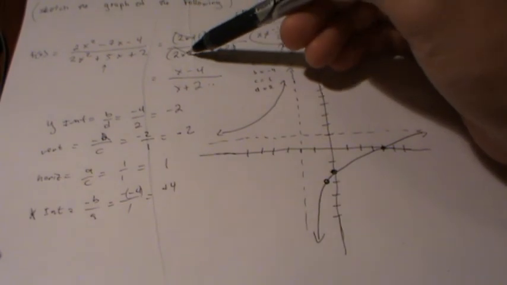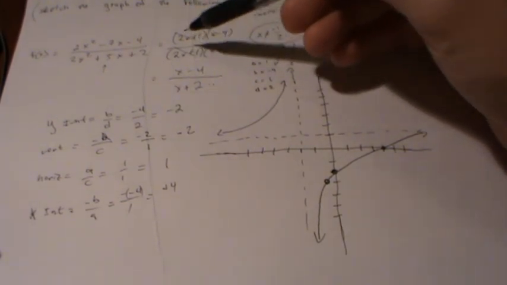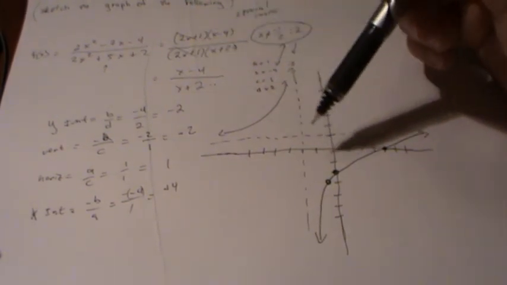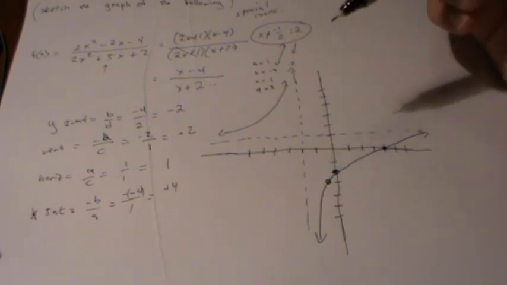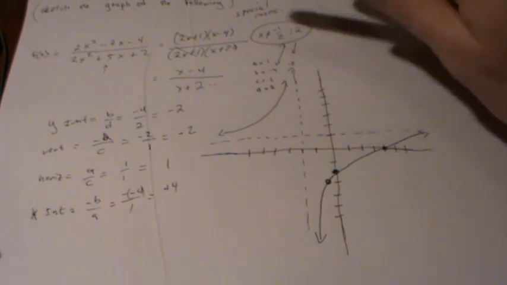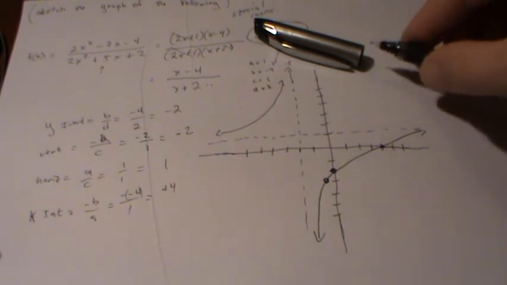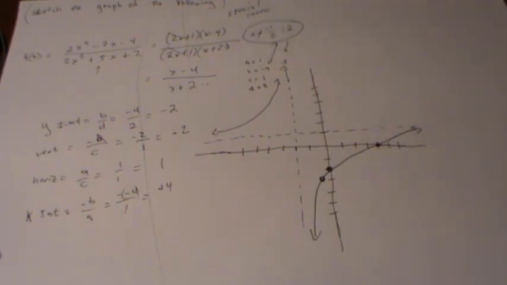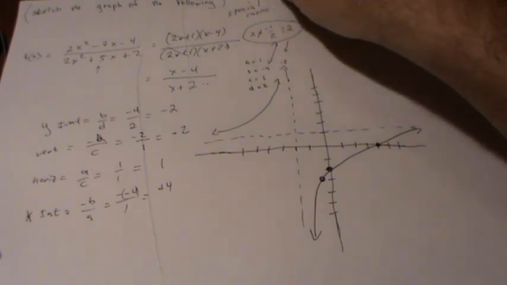Alright? So that's basically the graph of this. So there's a few special cases. Just look for something that will cancel, and if it does, you end up with a hole in the graph. Okay? And that closes up chapter 3.